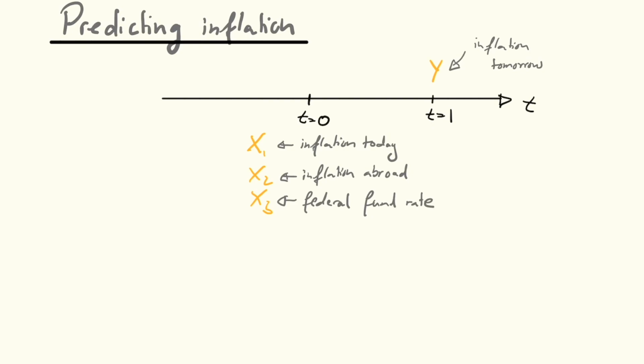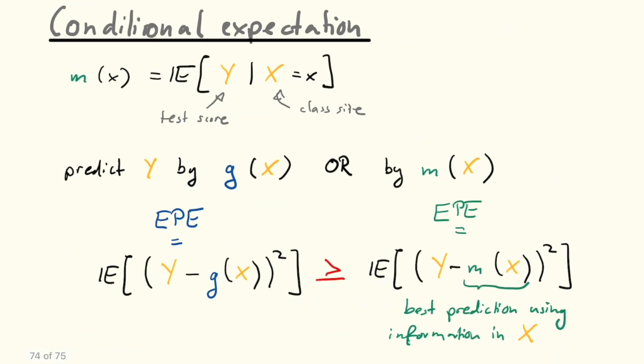We want to aggregate all of these economic variables into a guess of inflation tomorrow. Let's denote the aggregation rule by G. Then our guess will be G of x1, x2, and x3. How should we choose G? Well, if we want the best prediction, then we should obviously opt for m.